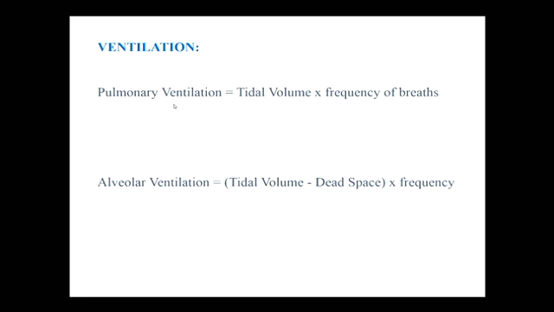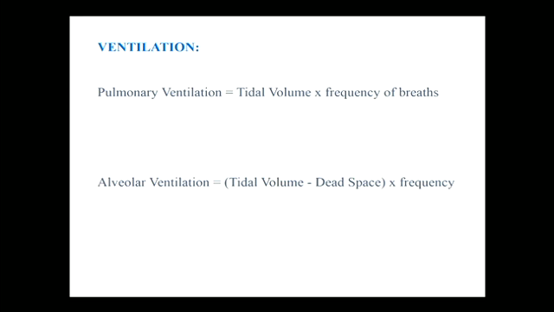Ventilation, another word for breathing. So basically, pulmonary ventilation is the amount of air that you move into and out of your respiratory system every minute. And it's pretty straightforward to calculate. It's basically tidal volume, how much you breathe per breath, times how many times you breathe per minute.